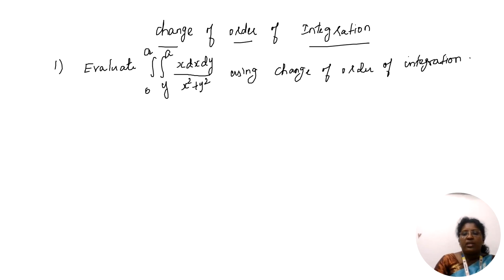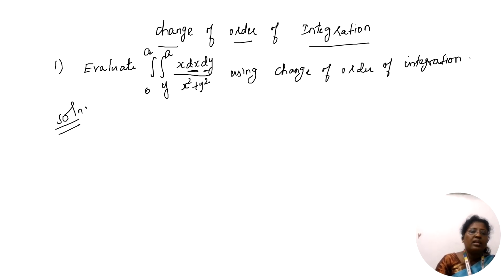Here we are going to do this step by step. First, before taking the limits, we have to check the order of the integration, whether the given order is correct or not. In the given integral, the inner integral is with respect to x and the outer integral is with respect to y.